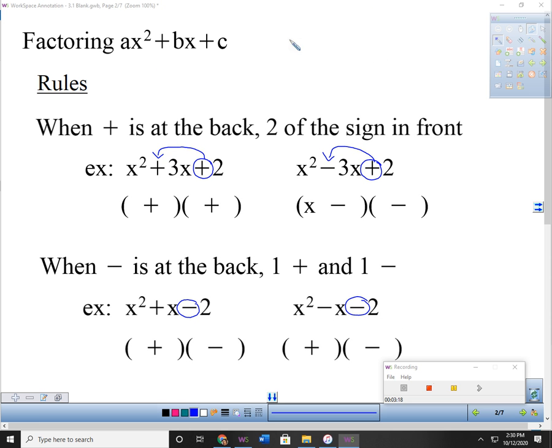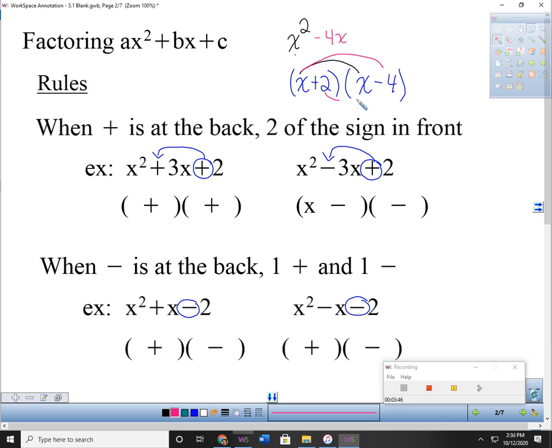So let's say that I have x plus 2 and x minus 4. And I'm going to multiply that together. So I have x times x is x to the second. And then I have x times negative 4 is negative 4x.